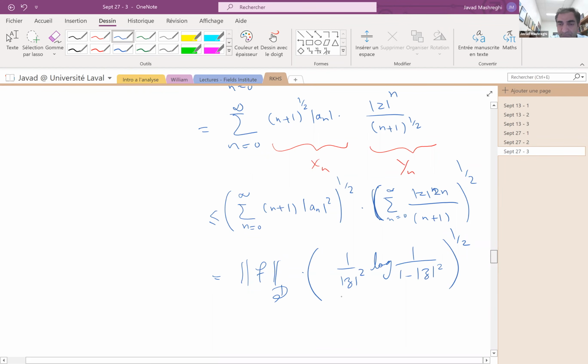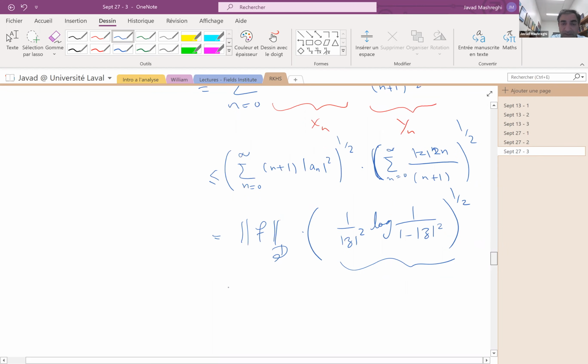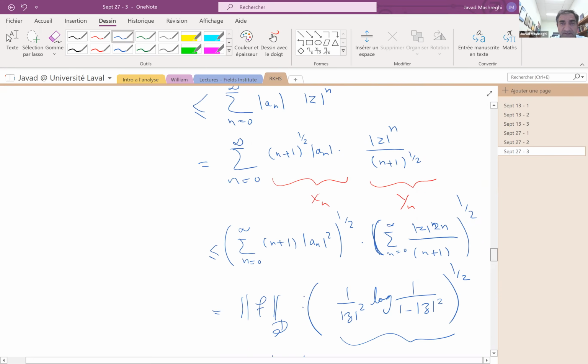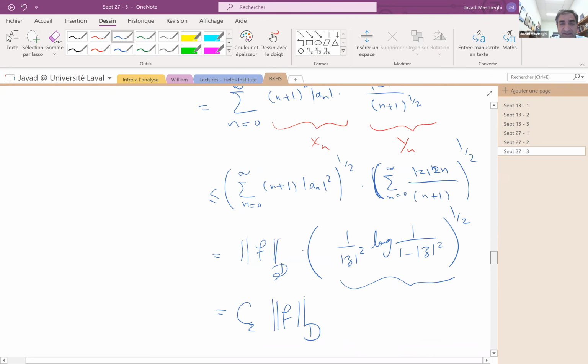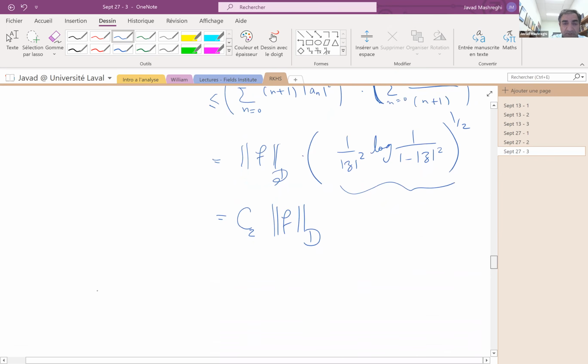But this is not really important. We can write it as a constant which depends on z. And so f of z is less than this, which implies that E_z is bounded. And again, this gives an estimation for its norm.